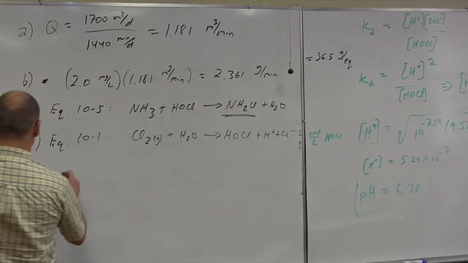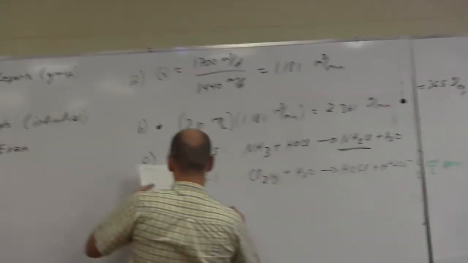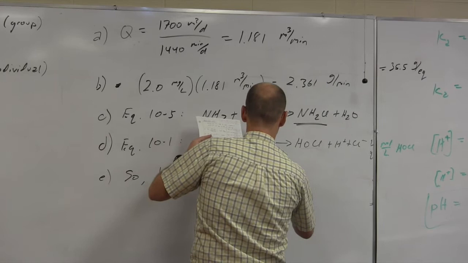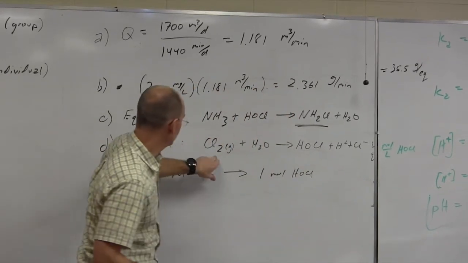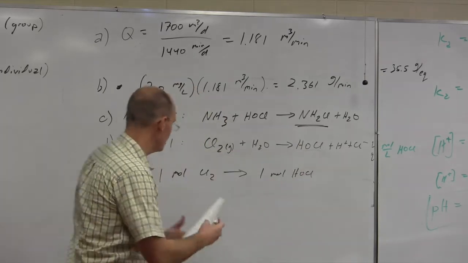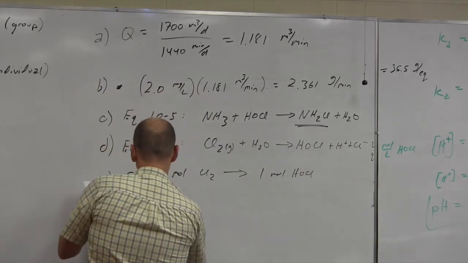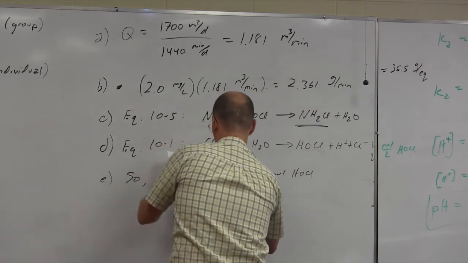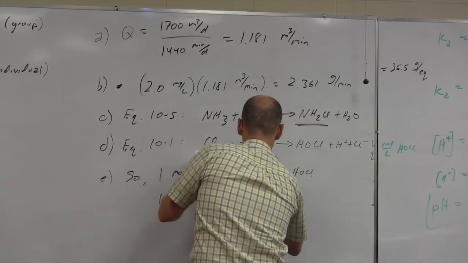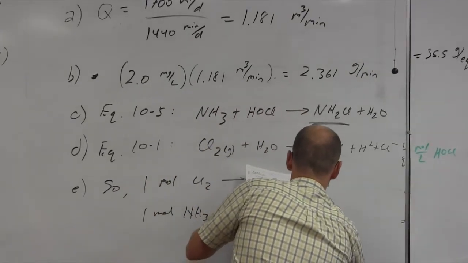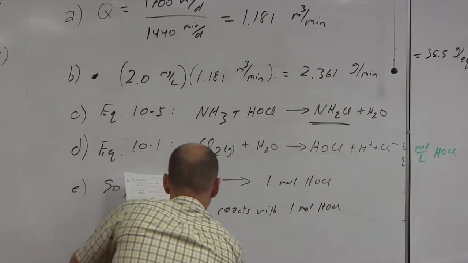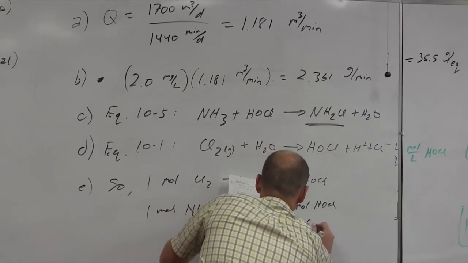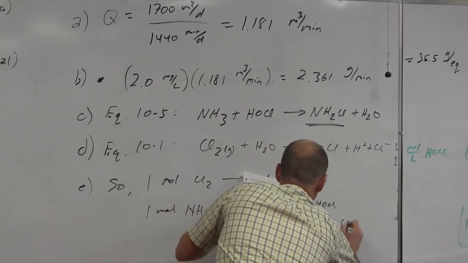Part E, we're going to say, 1 mole of Cl2 gives you 1 mole of HOCl. That's what we can see right here. 1 mole of chlorine gas gives you 1 mole of HOCl. And 1 mole of NH3 reacts with 1 mole of HOCl to form 1 mole of our monochloramine, NH2Cl.